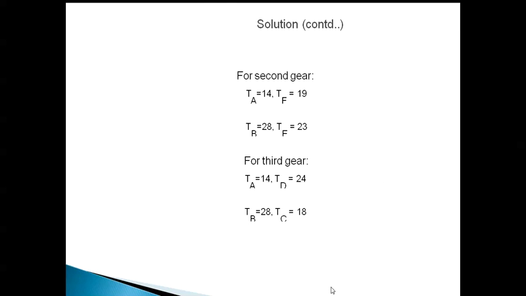So here the main condition is driver and driven shafts are collinear, means the center distance between each pair is the same. And we need to know the train value for each pair.